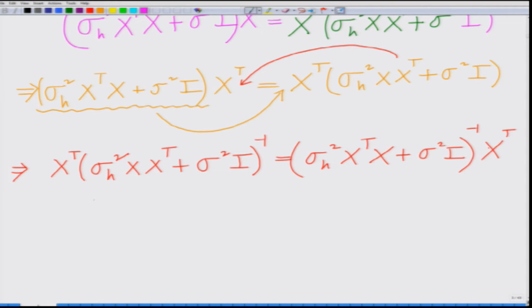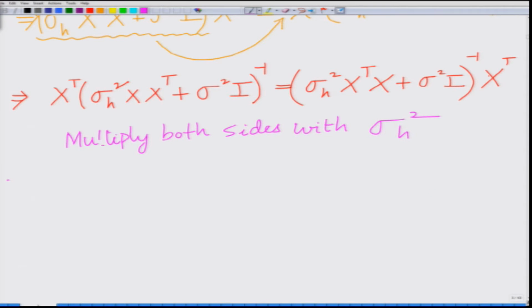Now I can multiply both sides with sigma h square, that is the last step.